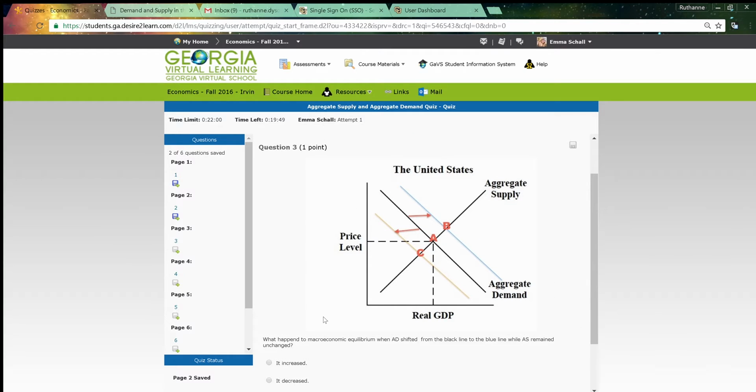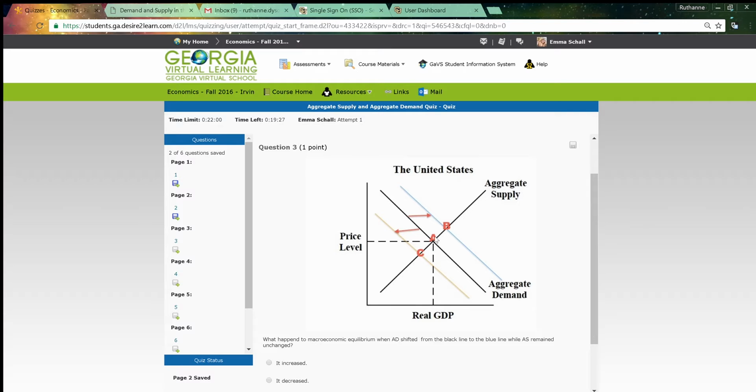Okay. What happened to macroeconomic equilibrium when AD shifted from the black line to the blue line while AS remained unchanged? So we're looking at aggregate demand and they're wanting to know shifting from the black line to the blue line. And the supply line is here and it doesn't change.